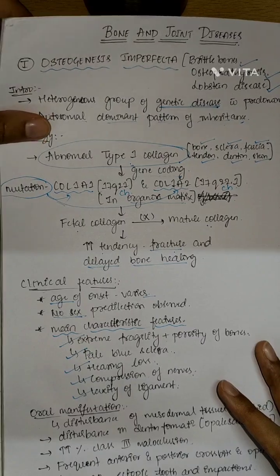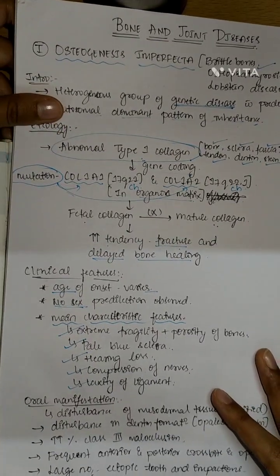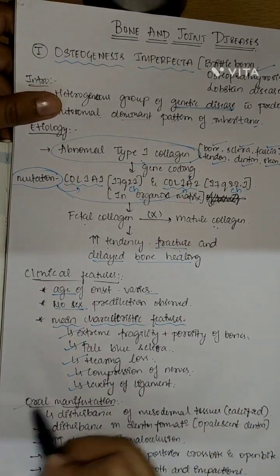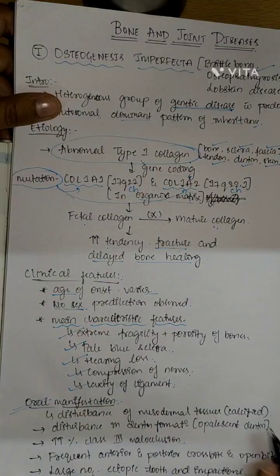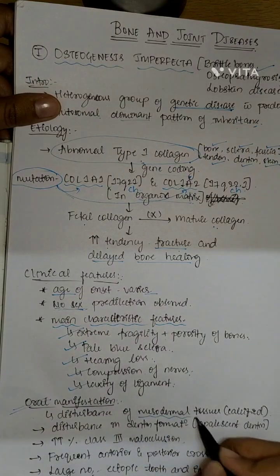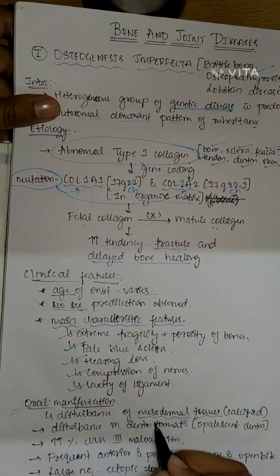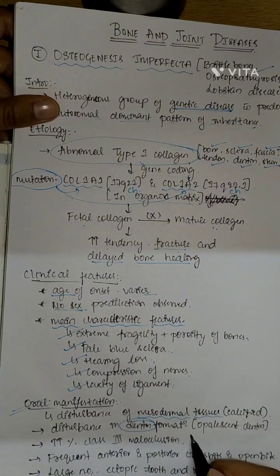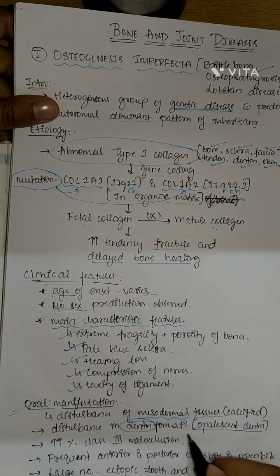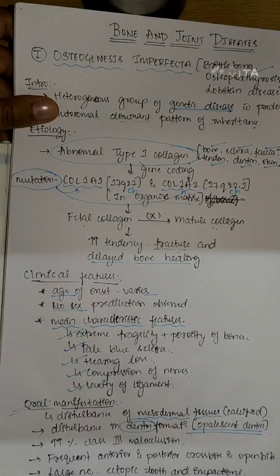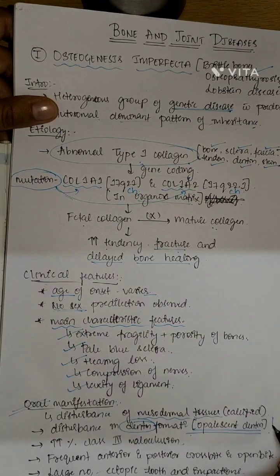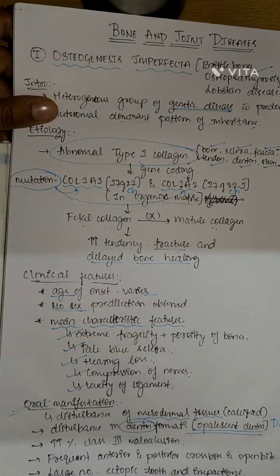Then, coming to the oral manifestations, there is basically disturbance of the mesodermal tissues here, which is disturbance in the dentine formation. This is also called opalescent dentine, which differs from dentinogenesis imperfecta.